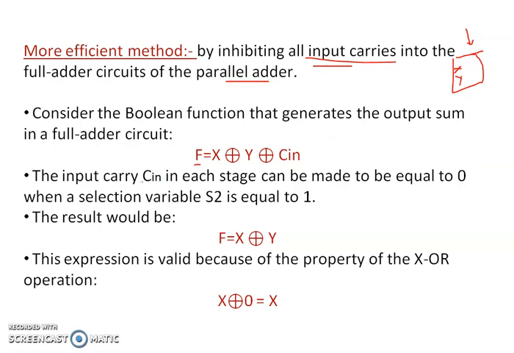The input carry cn in each stage can be made equal to 0 when the selection variable S2 is equal to 1. We have seen in the previous slide that if S2 equals 0, it implements the arithmetic operation, and if S2 equals 1, it performs the logic operation.